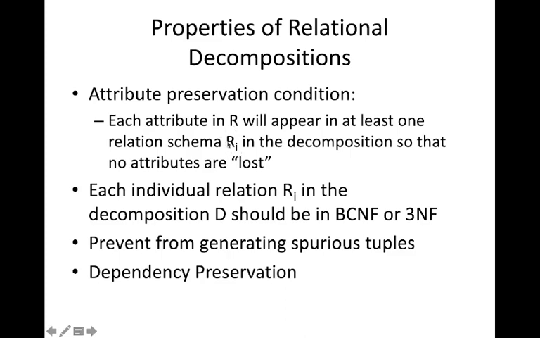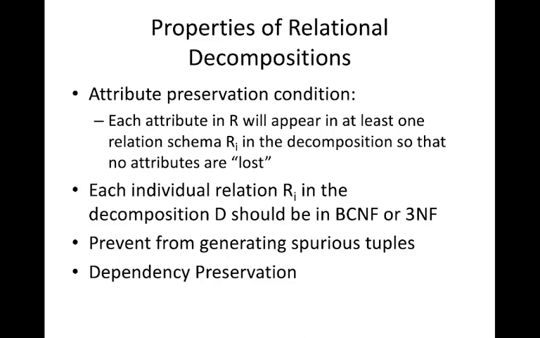If there is a functional dependency A to B, it should appear in one of R1, R2, etc. So that is known as the dependency preservation property. So one is the attribute preservation property. Then we should prevent generating spurious tuples, and also dependency preservation should be there. Of the three major conditions, attribute preservation should be there.